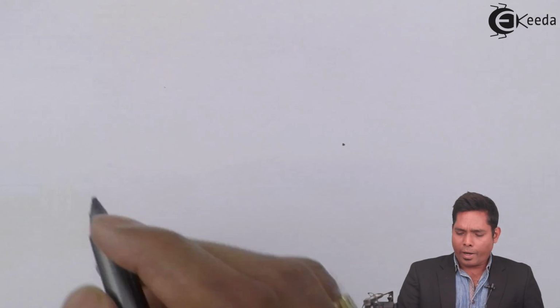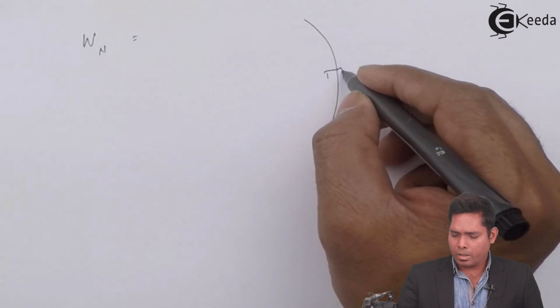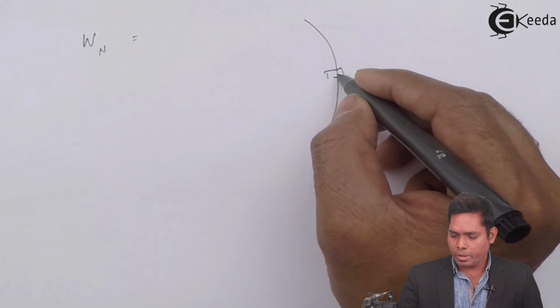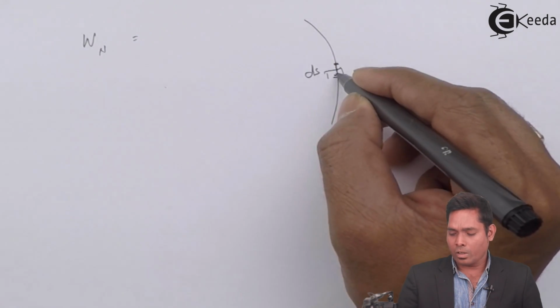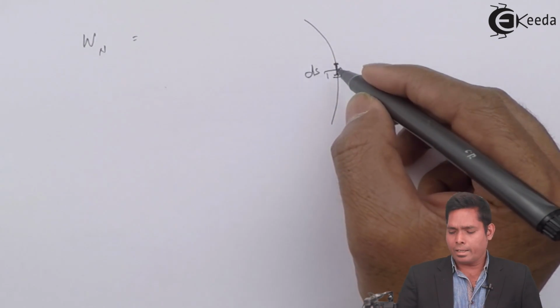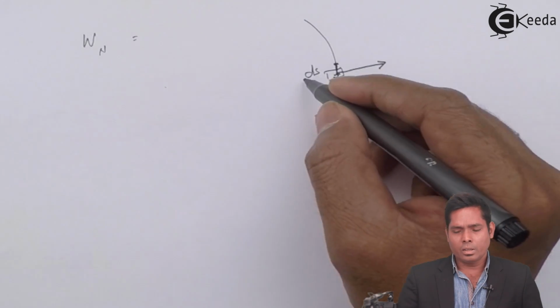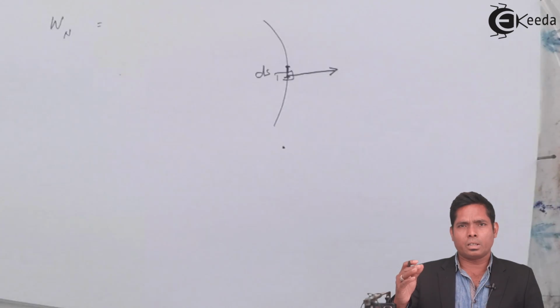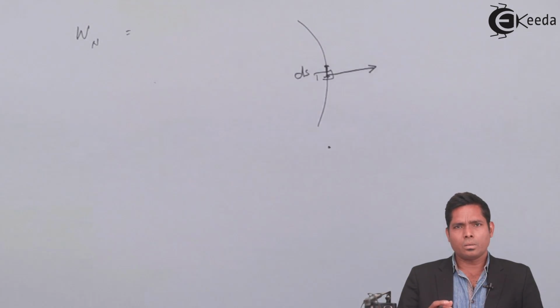Next is to find the work done by the normal force. During a small displacement ds along the rail, the normal force is either upward or downward, depending on whether the block is pressing the rail or the rail is pressing the block.